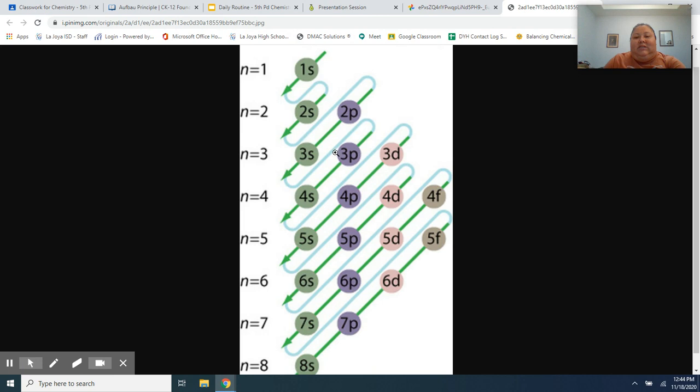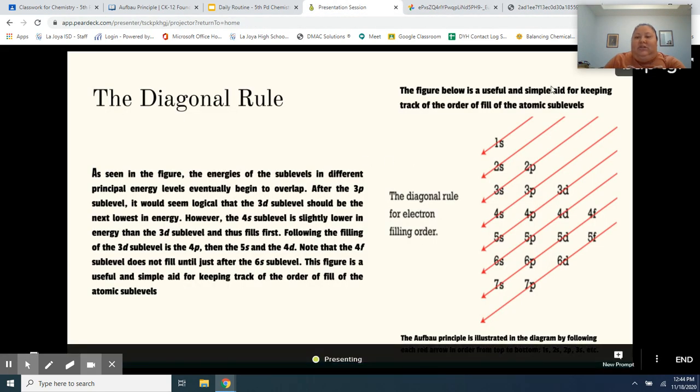Some people think it's easier when they connect because all you have to do is just follow the arrows. We don't have that in our presentation. We have just diagonal arrows, okay? But just remember, when you get to the bottom of one arrow, go to the top of the next one, and then the top of the next one, and down, and top of the next one, and down. Okay? You never go backwards.